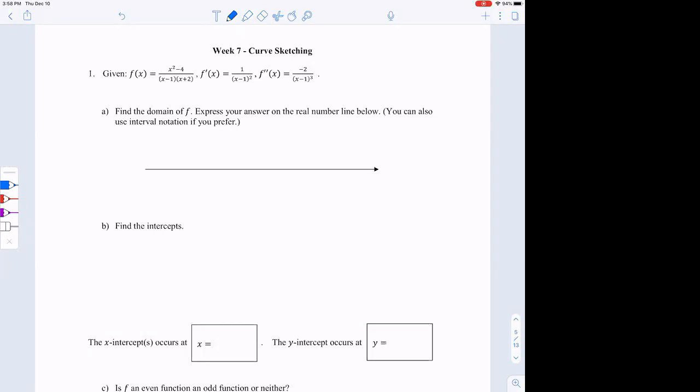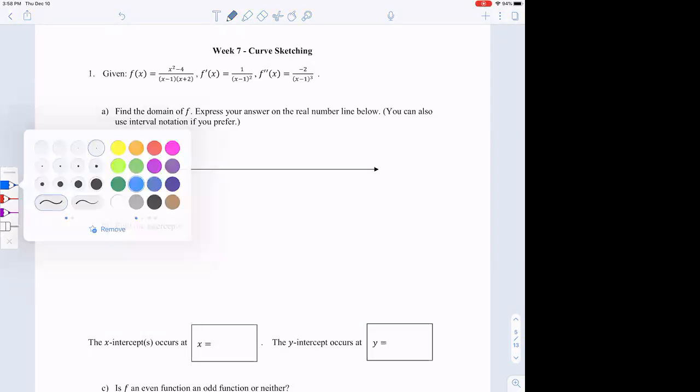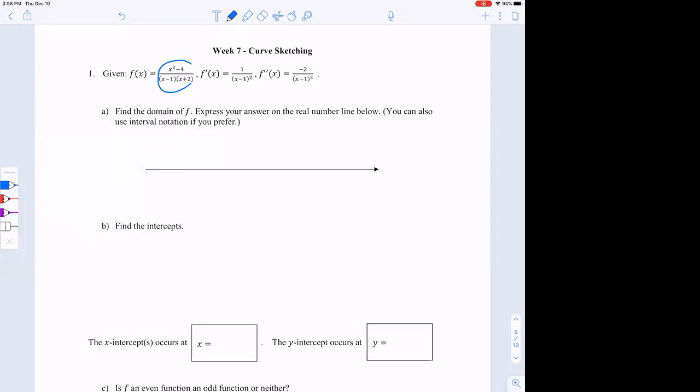Okay, so let's start this one. I'm asked first to find the domain of my function that I'm given. I'm just noticing that this function could be simplified a bit. So instead of working with the more complicated version of it, let's try to do some simplification. I'm noticing that the top is a difference of squares.